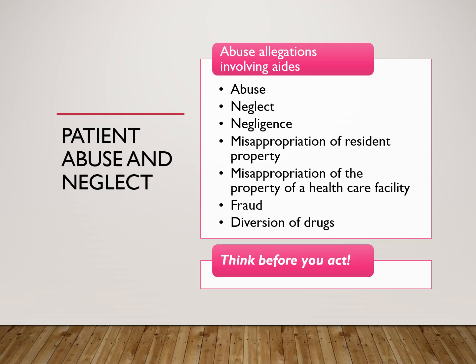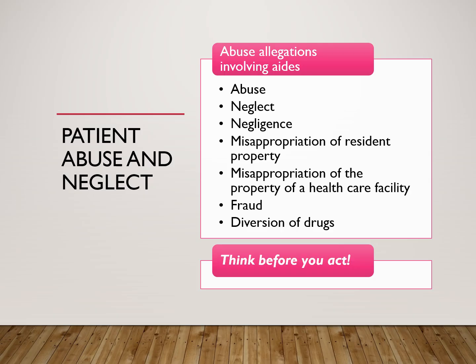So I'd like to spend a few minutes and talk about abuse allegations involving aides. Abuse, neglect, negligence, misappropriation of resident property, misappropriation of the property of a healthcare facility, fraud, and diversion of drugs. So we're going to talk about abuse at the hands of aides, not at family members.